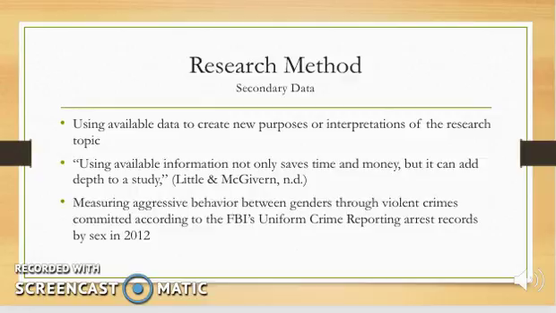Little and McGivern in their paper explained that using this available information saves time and money, but it also adds a new depth to the study. In my study, I used the FBI's Uniform Crime Reporting arrest records by sex in 2012 to measure this aggressive behavior between the sexes through violent crimes committed.